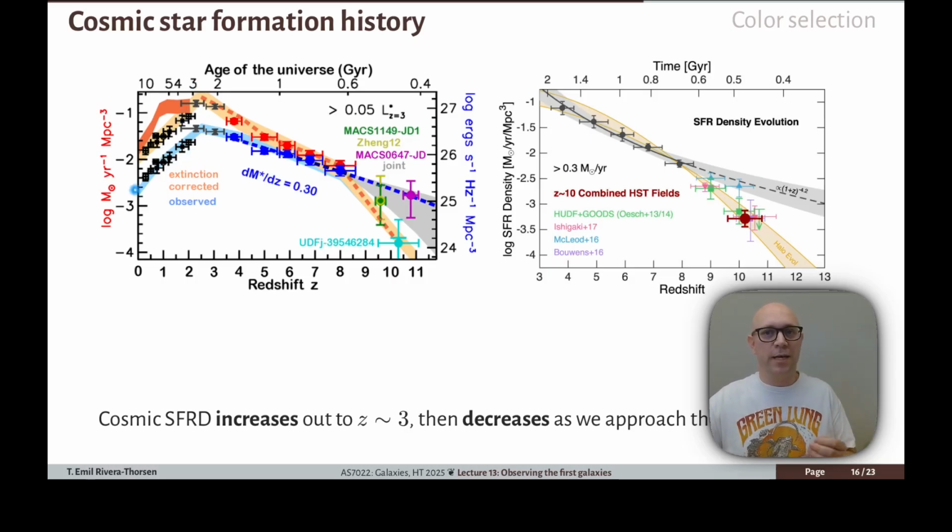And you can see that from the local universe at redshift 0 and out to redshift 3, star formation goes up quite dramatically. This is a logarithmic scale, right? But then once we get to redshift 3-ish, it turns around and goes down again, so that we have a lower star formation rate density in the really high redshift universe than we have now.